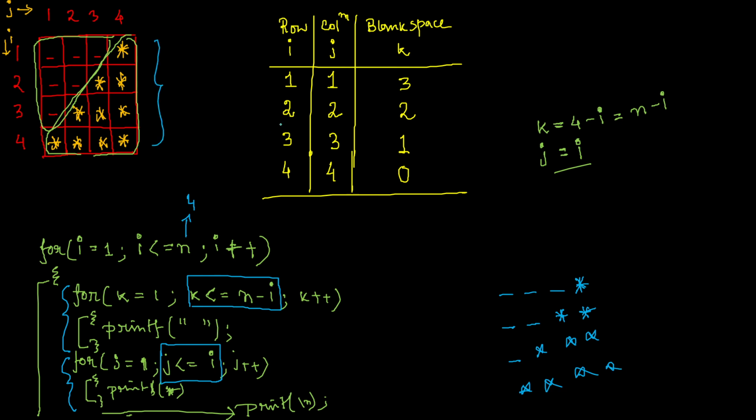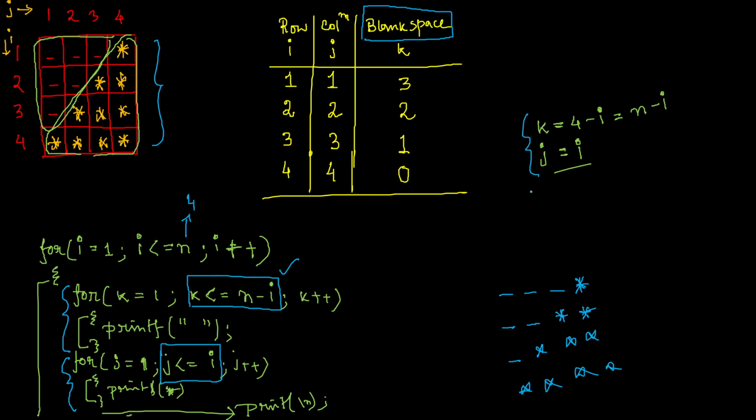So if you have a pattern like this, where your star has to be shifted towards the right, you have to introduce the concept of blank space. How many times you have to print the blank space, and what the for loop for blank space will be, especially the condition part, you may find from this type of equation that I have shown you.